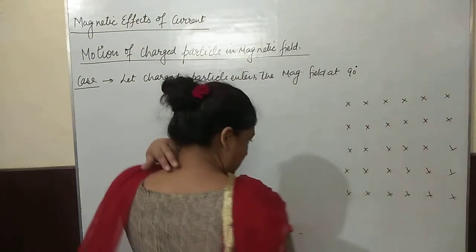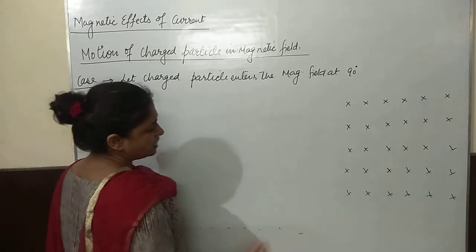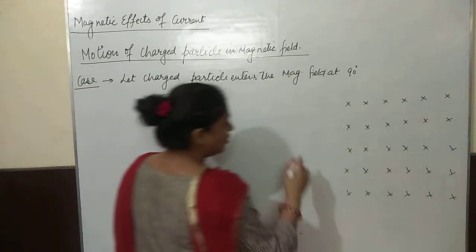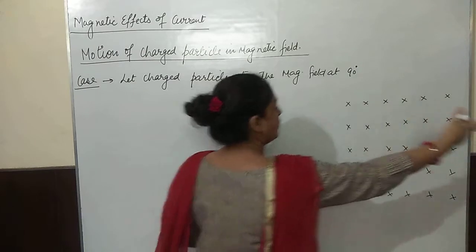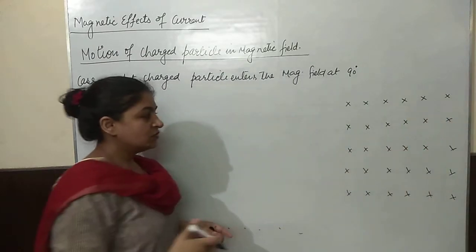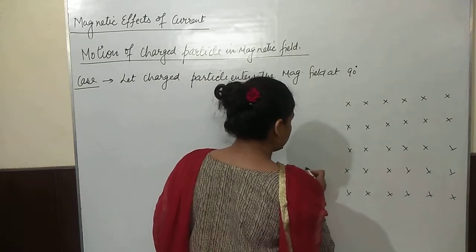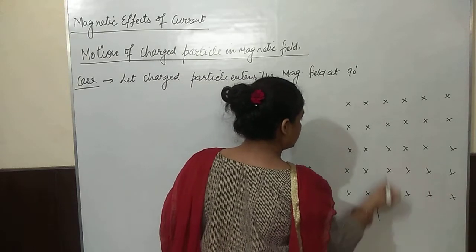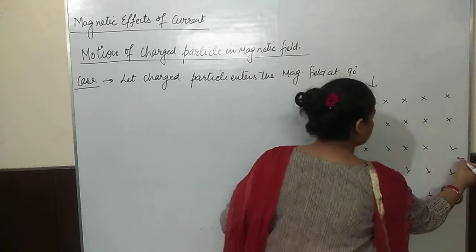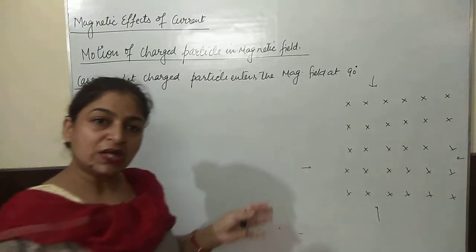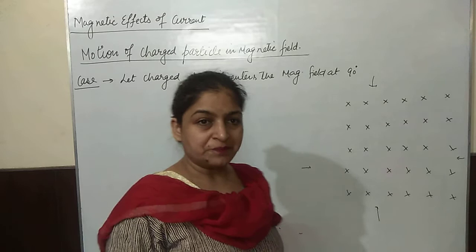Let us consider that the charged particle may be coming from any direction. It may be coming from here, or from here, or from that side. It may be along this direction, or along this direction, here also or here also. It means it is going to enter the field at right angle.